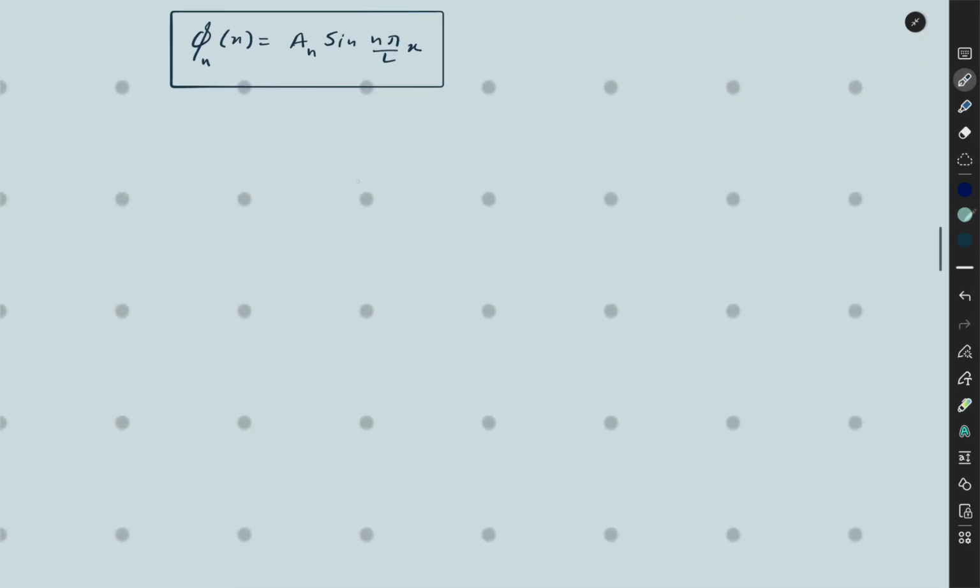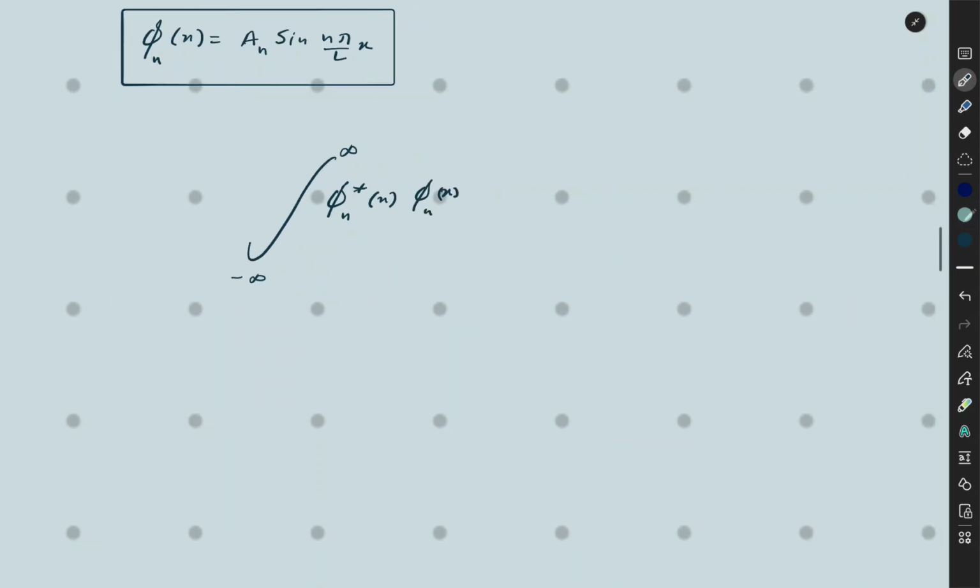So let us take that integration from minus infinity to infinity. We are getting that the probability of finding a particle, that is phi star of n of x into phi of n of x dx, should be equal to 1.